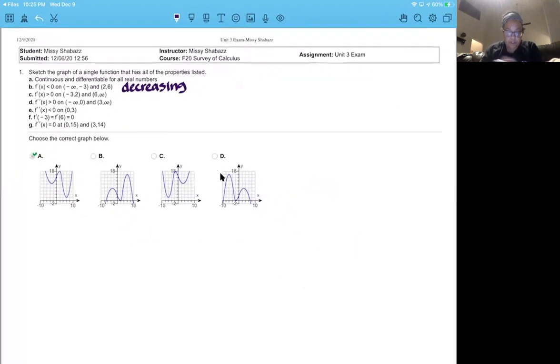So I believe we can get rid of B and C because they are increasing on those intervals. F prime of x is greater than 0 on negative 3 to 2 and 6 to infinity. So that means it's increasing there, right? And both A and B are doing that.